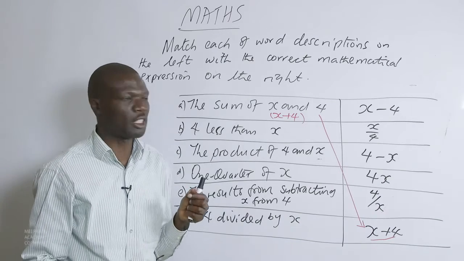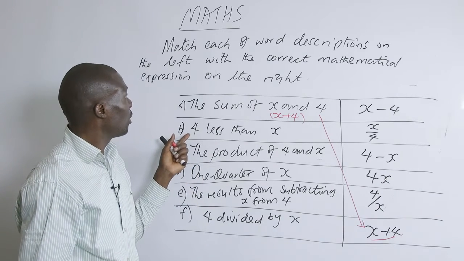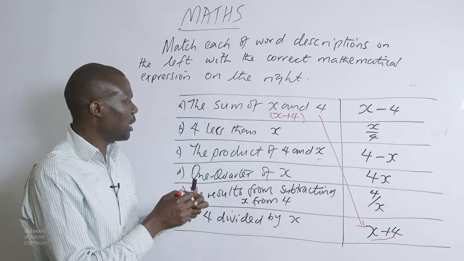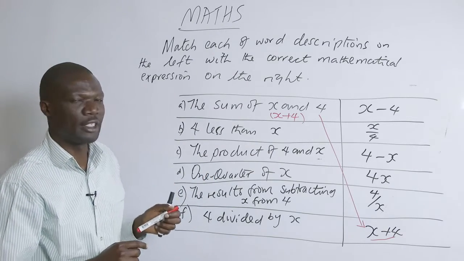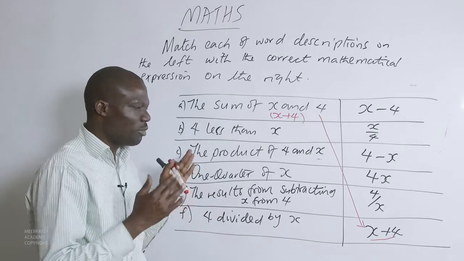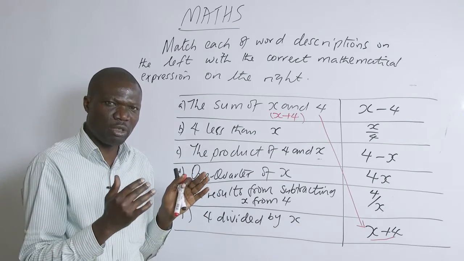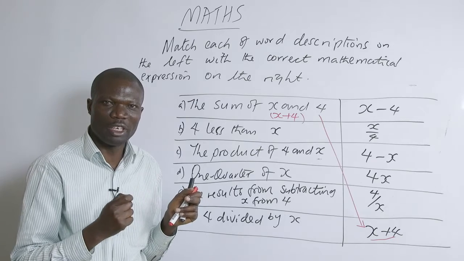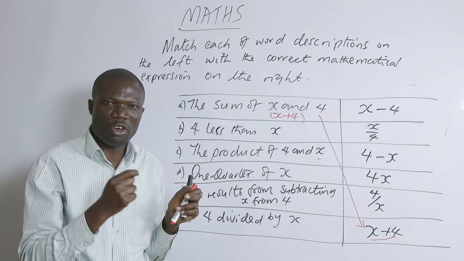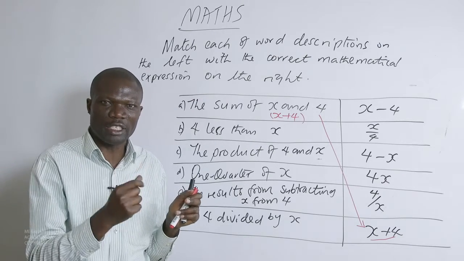The second word description is 4 less than x. What does it mean? 4 less than x. It means this 4 is being subtracted from x. That's why we say 4 less than x, not x less than 4.